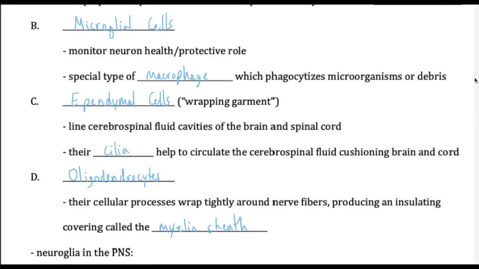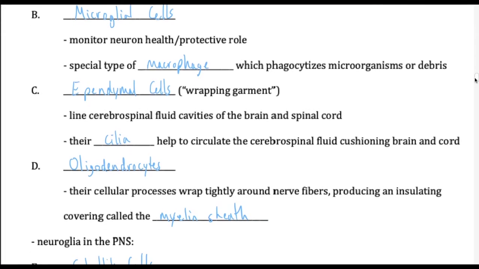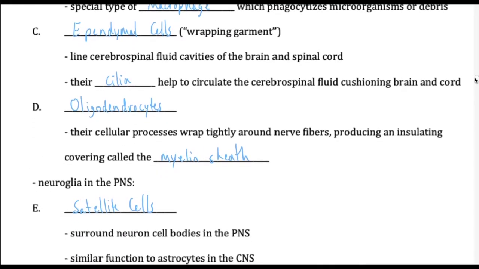So we have ependymal cells, and this is going to be a wrapping garment. They line the cerebrospinal fluid cavity of the brain and spinal cord. Their cilia help circulate the cerebrospinal fluid, cushioning the brain and cord.